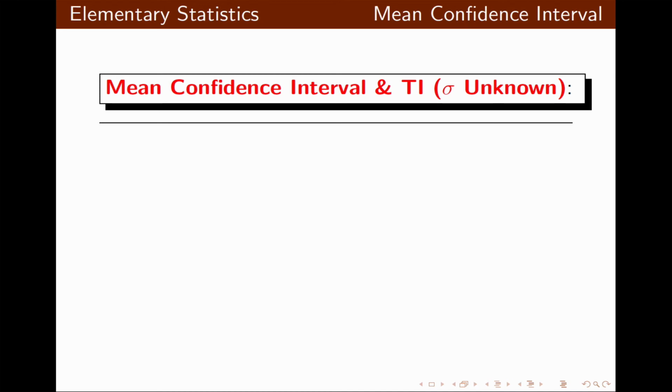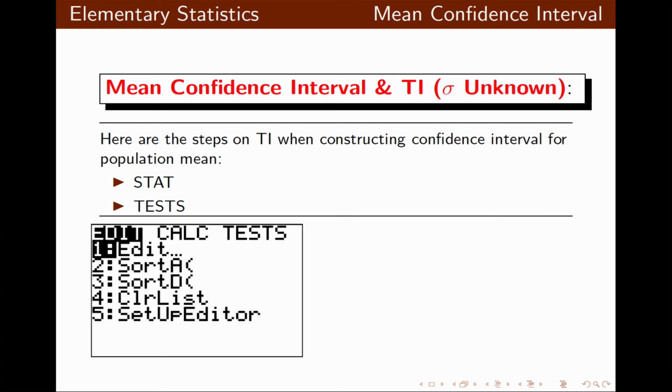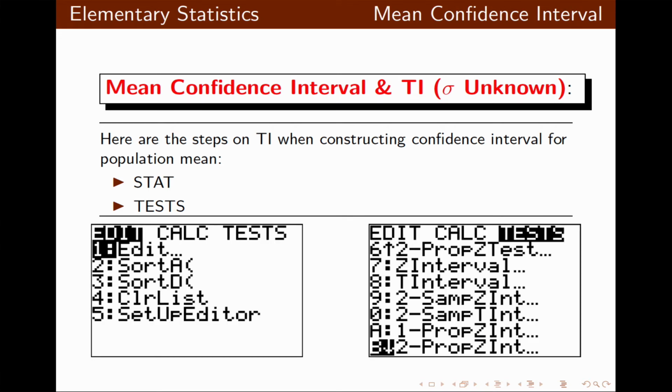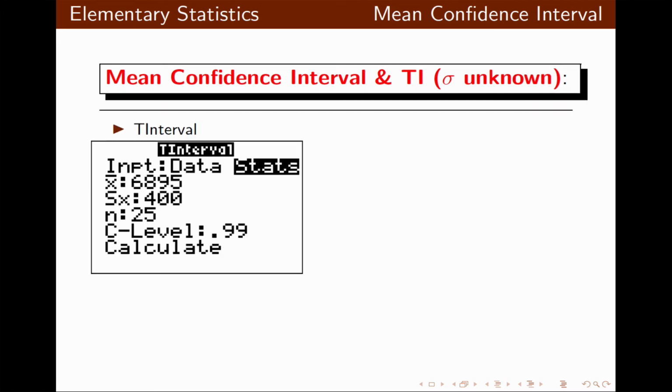Now, how to find a mean confidence interval using the TI when sigma is unknown. The process is very straightforward. You press Stat, you go to Tests, and then you use T Interval. You keep the input at stats level.